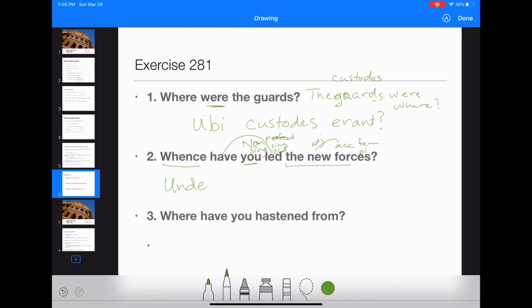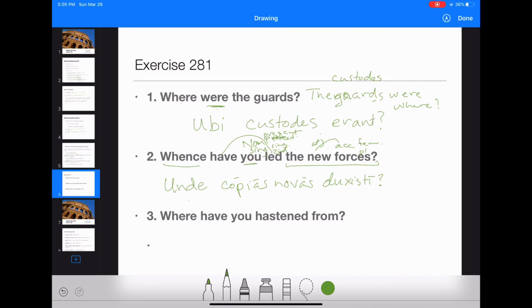In Latin, we usually want to put our accusative case in before the subject and verb. So forces is copias. New forces is copias novas. And then our perfect singular, second person verb will be duxisti from the verb ducere. So we have our answer here is undi copias novas duxisti.